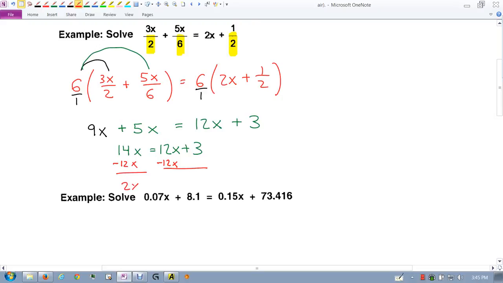I'll have 2x equals 3. I've got to move this over here and continue. How do I finish this off? Divide both sides by 2. So what's x? 3 halves, 3 over 2.